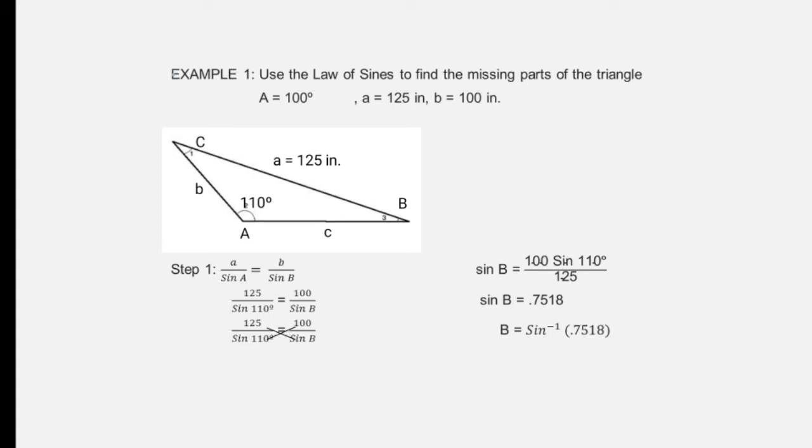That's the first step to find those missing parts of the triangle. Step 1 is to find the side or angle where we have the missing parts.